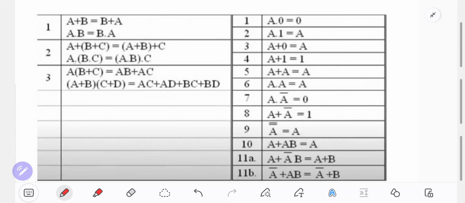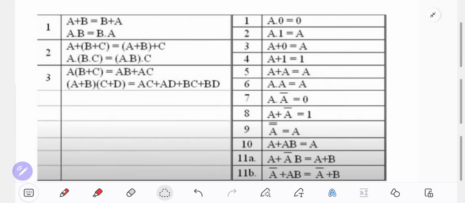We make it group: A times B times C is equal to A times B and then times C.